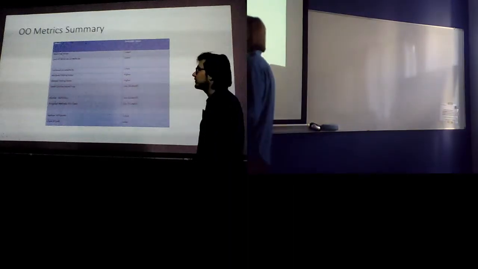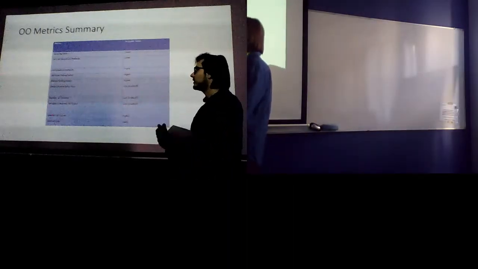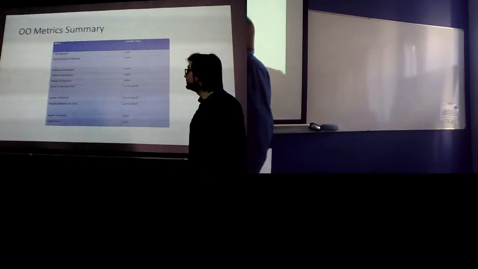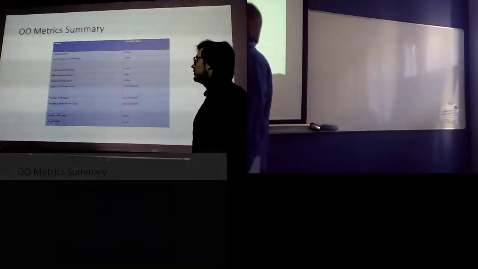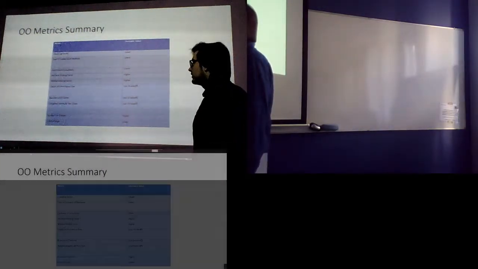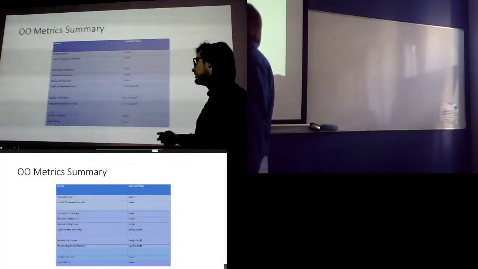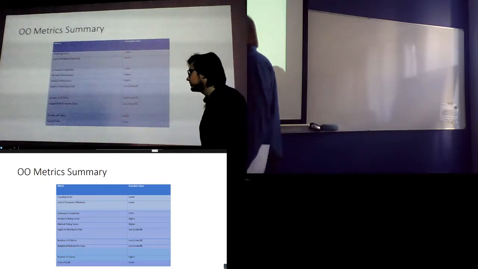So you've got the coupling factor, where you want the lowest coupling, so less interference between the classes, and cohesion of methods. Then complexity, attribute hiding factor, method hiding factor, where you want to hide as much inside the class as you can.